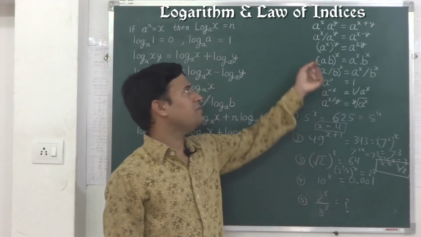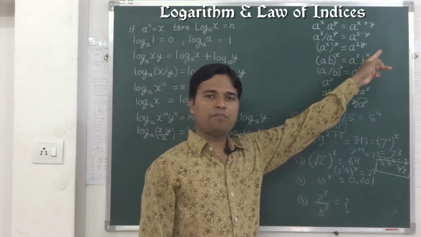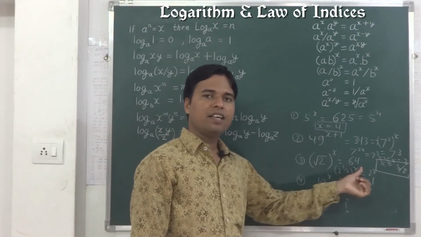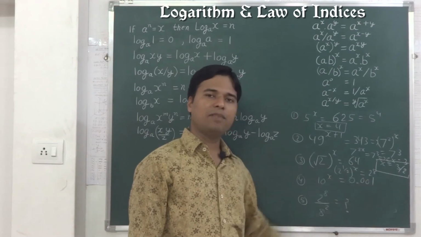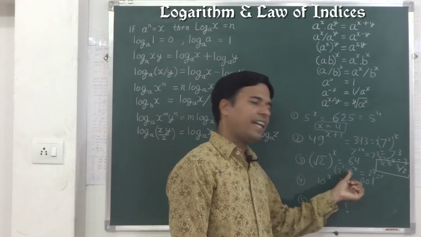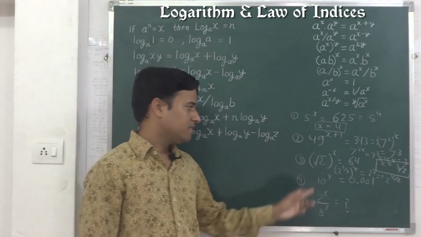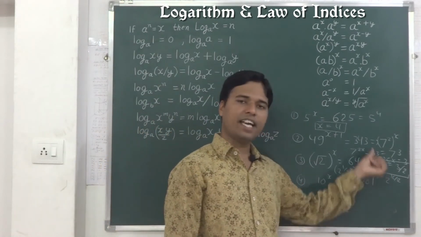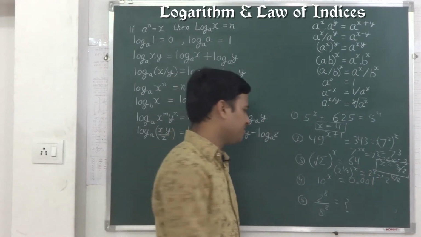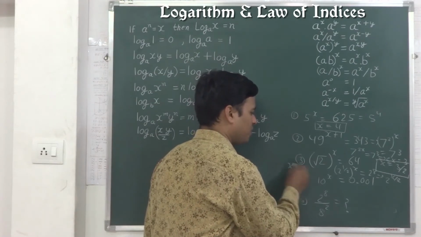Now using the same formula, a power x whole power y is equal to a power xy, both exponents will be multiplied with each other. Then you get 2 power x by 2 is equal to 2 power 8. Then using the same relation, we get x by 2 is equal to 8. Then x would be equal to 16.